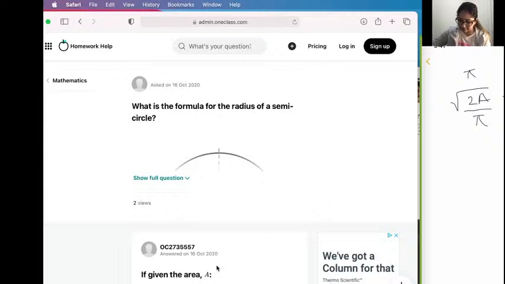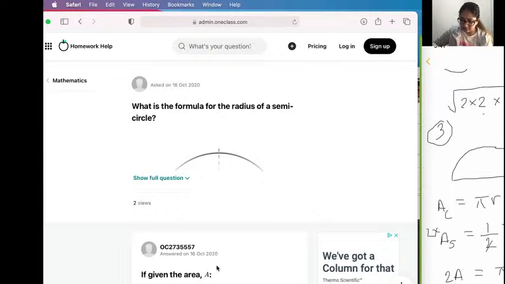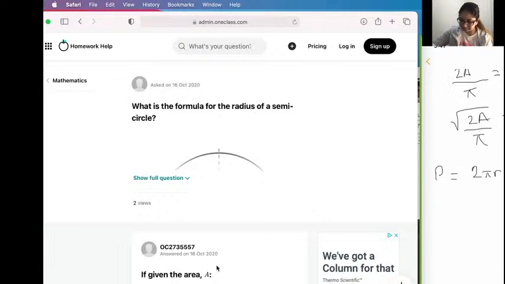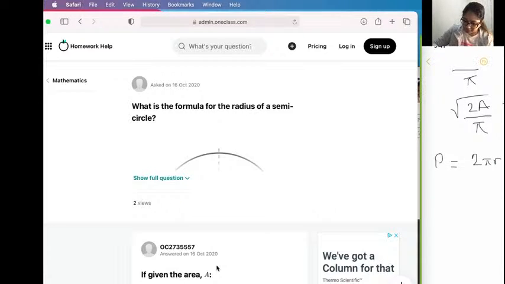Also, to find the perimeter, so the perimeter is basically the full distance, so it's 2 pi r plus the whole distance. So the distance, as in, if you go back here, this whole distance, which is the diameter, so it's going to be plus d.